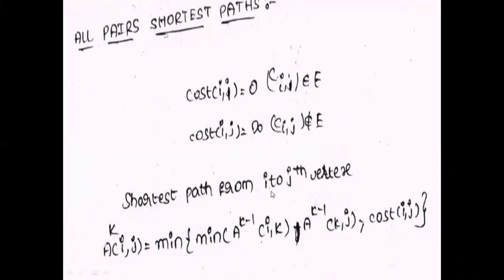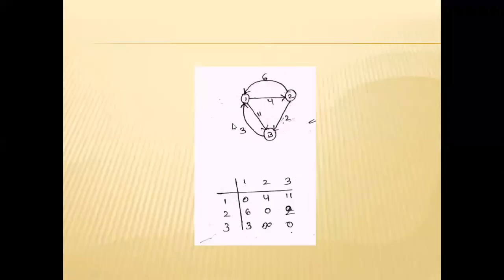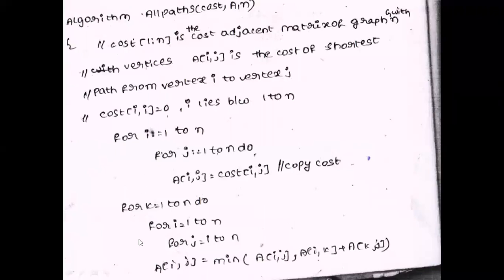So the shortest path from i to j through vertex k is A power k of i comma j equals the minimum of A power k minus 1 of i comma j plus A power k minus 1 of k comma j, and the cost of i comma j. Using the same formula, we are designing the algorithm for all pairs shortest paths.